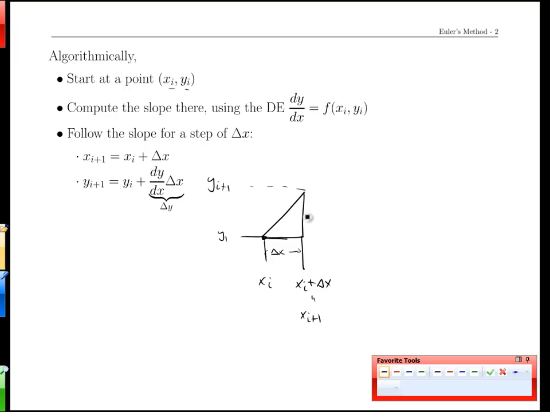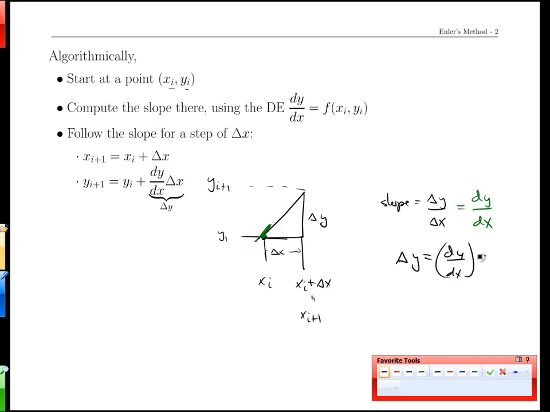Well, what are the ingredients here? We've got a straight line which has slope delta y over delta x, but that slope is also being given by the differential equation, which is equal to dy dx. And so the delta y, how much do I go up or down when I take this step to the right? It's dy dx times delta x.